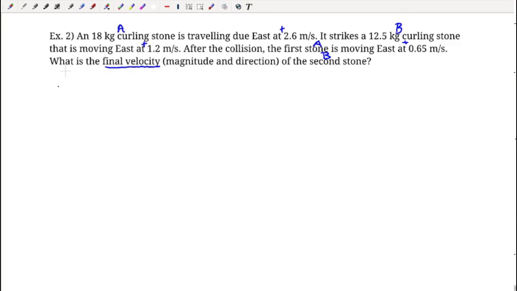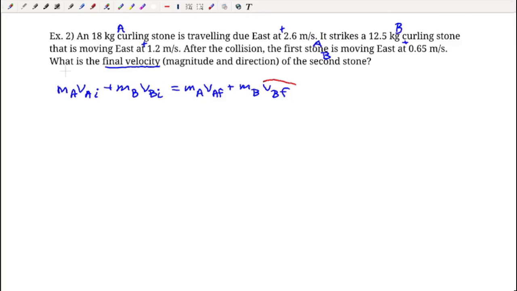All right, so let's start out with MA VAI plus MB VBI is equal to MA VAF plus MB VBF. Now in this case, we don't know that their final velocities are going to be the same. If they were, that would indicate that they'd stuck together, but we're trying to find the final velocity of stone B. That's this one right here.